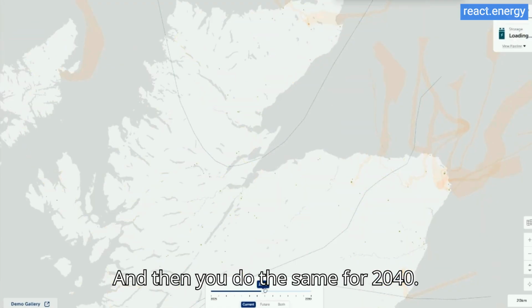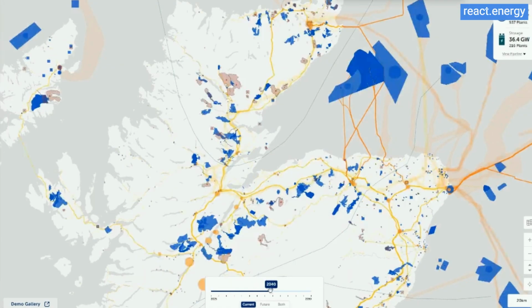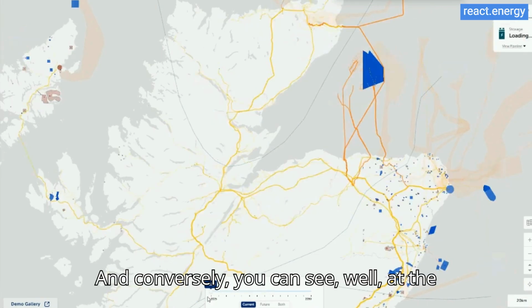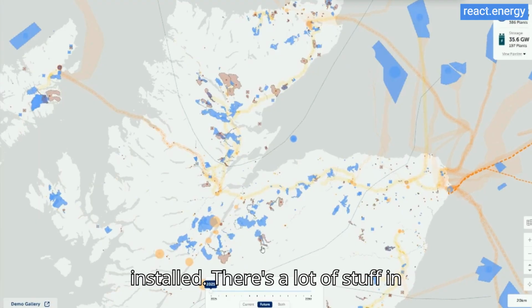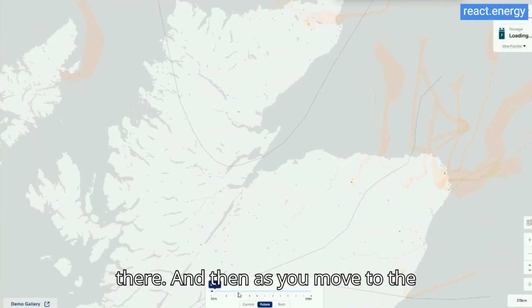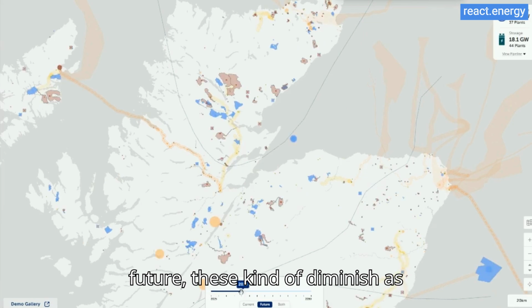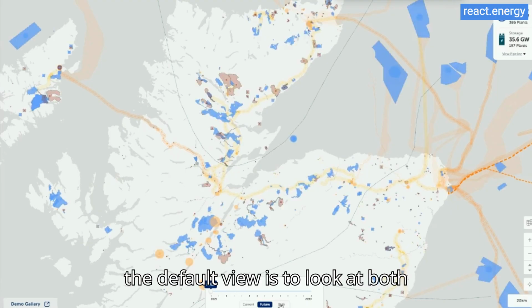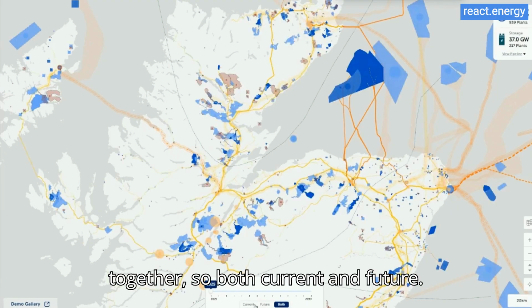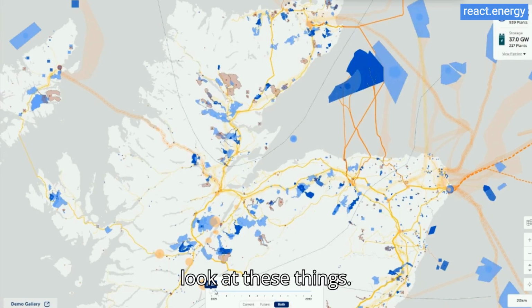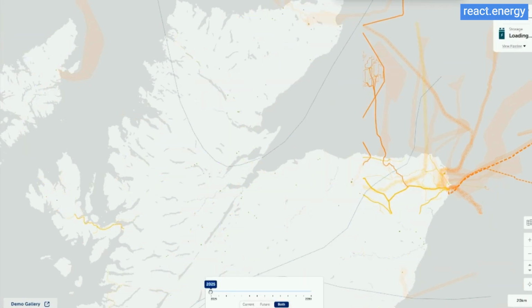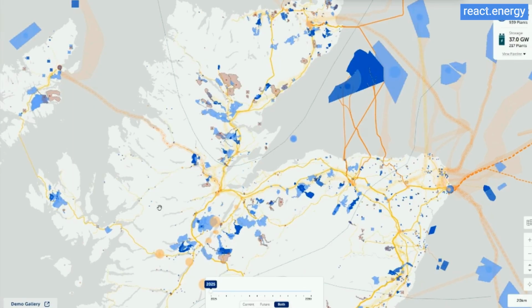And then you do the same for 2040. And conversely, you can see, well, at the moment, 2025, what's planned but not yet installed. There's obviously a lot of stuff in there. And then as you move to the future, these kind of diminish as things get installed. But the default view is to look at both together, so both current and future. But again, it's a flexible way to be able to look at these things.